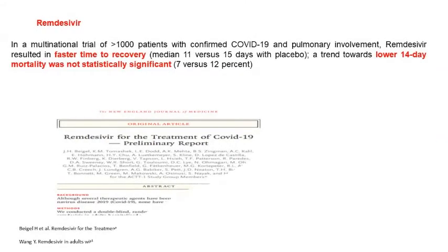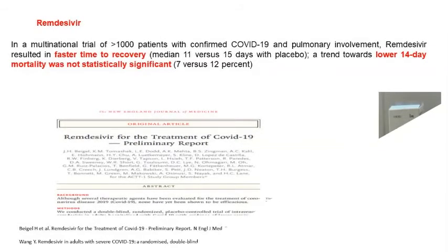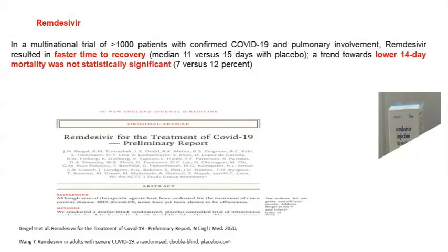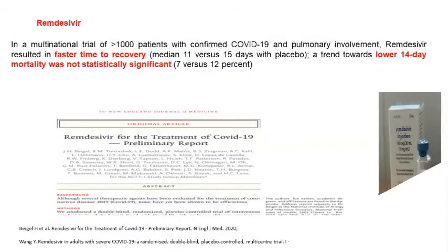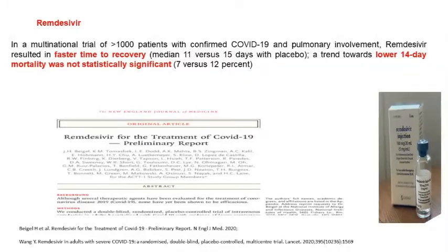But when subgroup analysis was done, there was a reduction in the mortality with remdesivir among patients who required ventilatory support and oxygen and high flow oxygen, which means that severe cases can benefit from remdesivir.